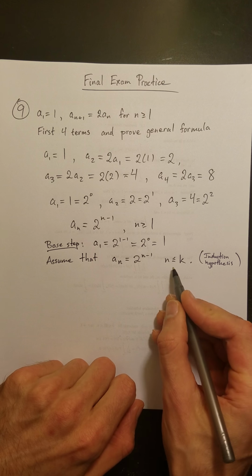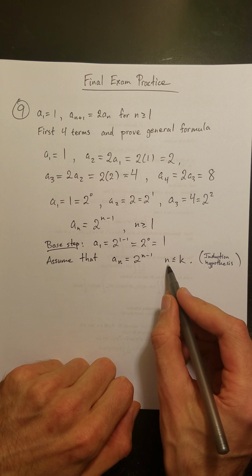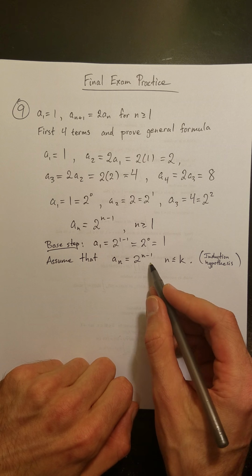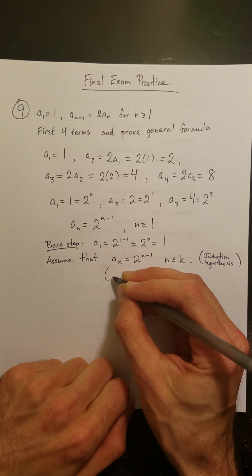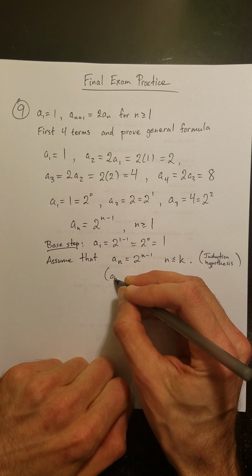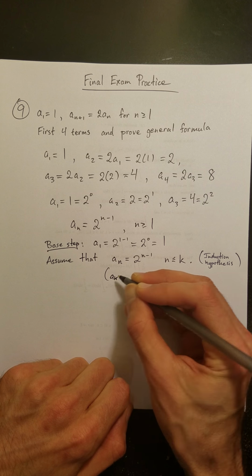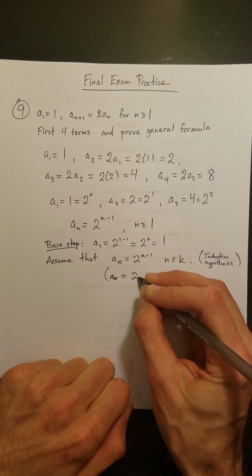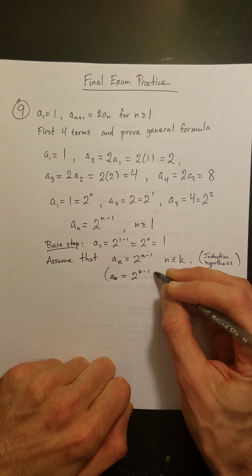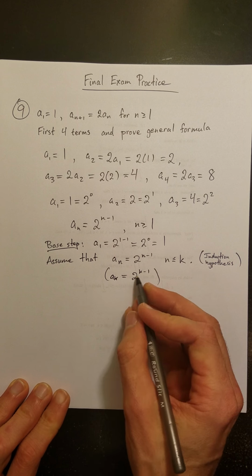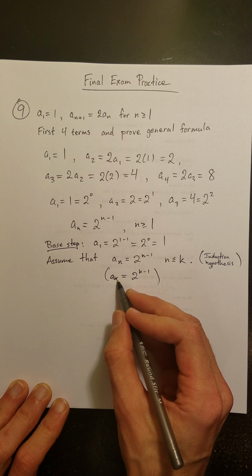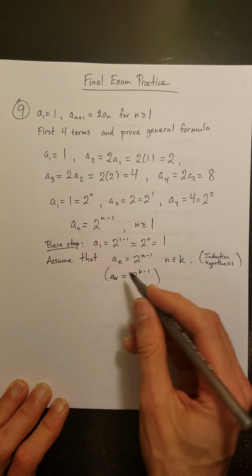In particular, what we're assuming here is that when n is equal to k, this formula holds. So when n is equal to k, we're looking at the kth term, and this is equal to 2 to the power k minus 1, okay? And we're assuming that it's true for all values of n less than k as well.